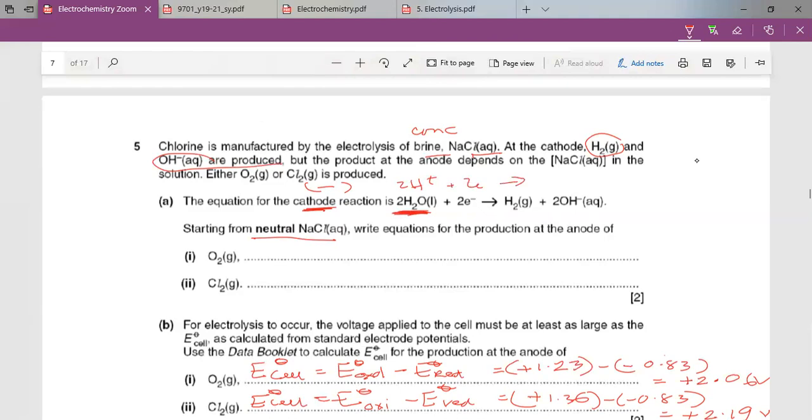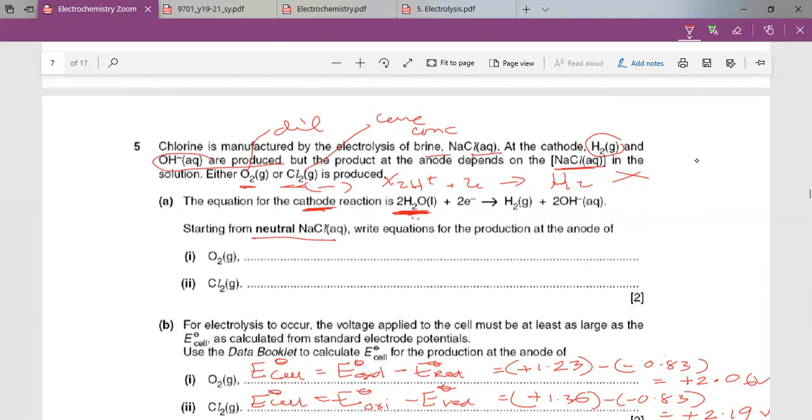They tell you already, must use water. So this is not considered. But the product at the anode depends on the concentration of NaCl. The solution is low or high concentration. Either oxygen is produced, which is for dilute, or Cl2 is produced, which is for concentrated. So they should tell you.